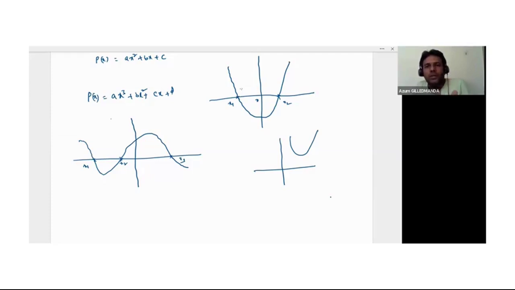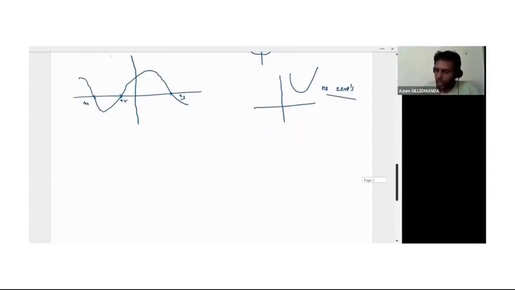The zeros of the polynomial are equal to the number of points at which the polynomial cuts or touches the x-axis. So here, if you see, this polynomial is not touching the x-axis at all. So that means the answer should be no zeros. This polynomial does not have any zeros because it is not cutting or touching the x-axis.